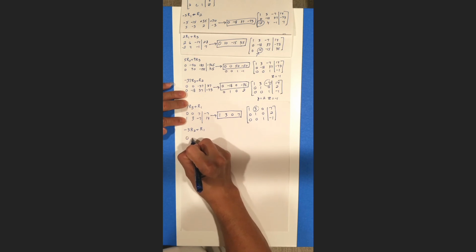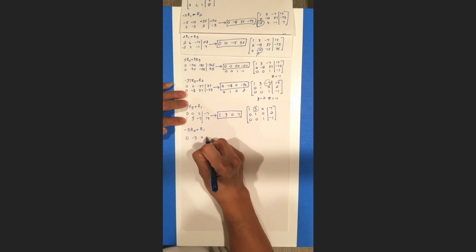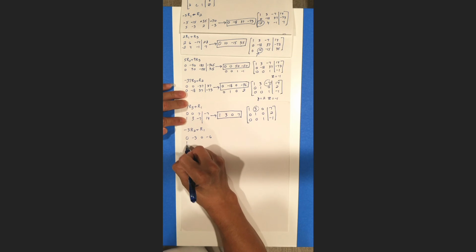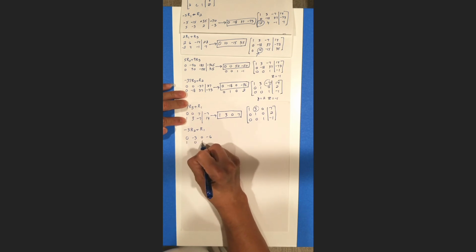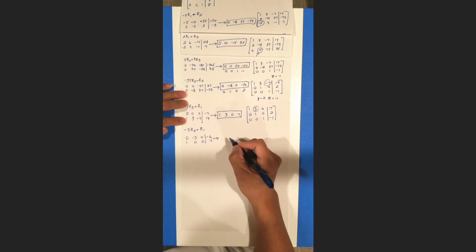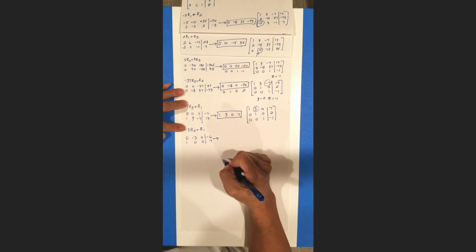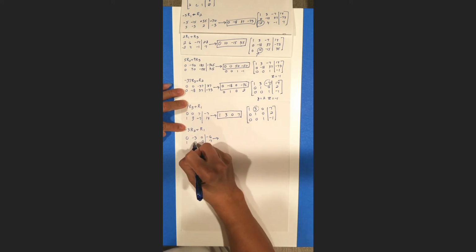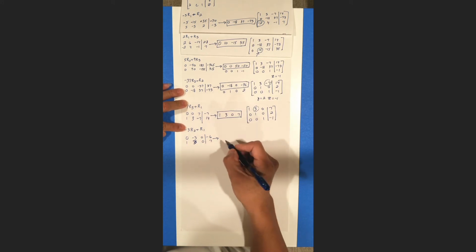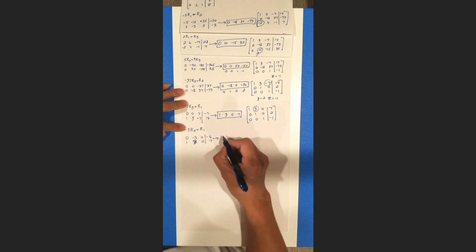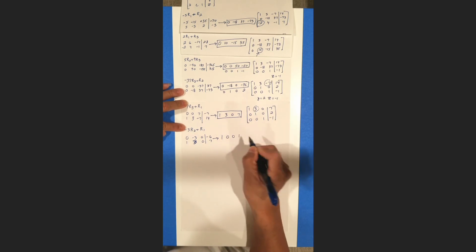So 0, negative 3, 0, negative 6, and 1, 3, 0, 7. Now when we add these, oops, sorry, this is a 3. Okay, so now when we add, it's going to be 1, 0, 0, 1.